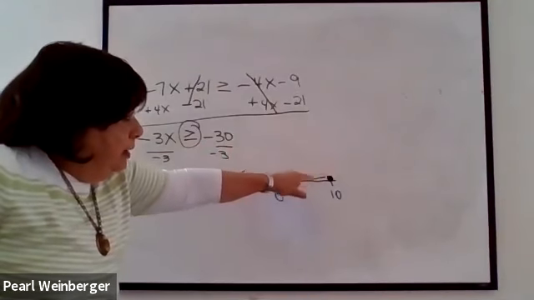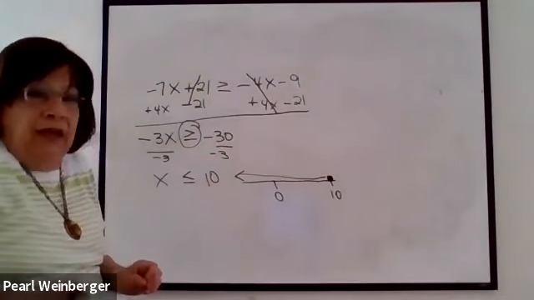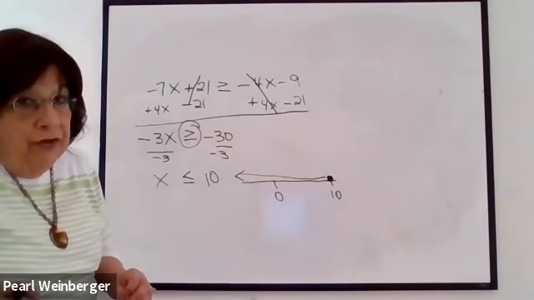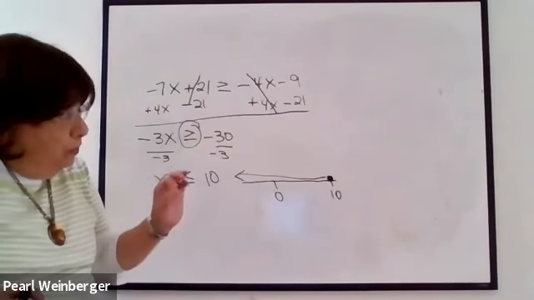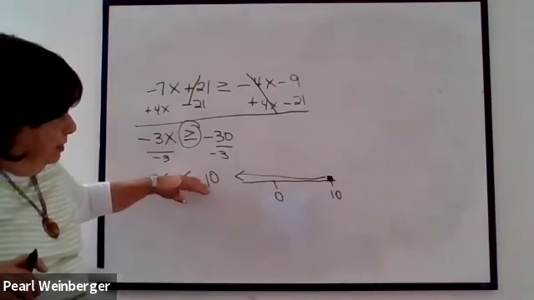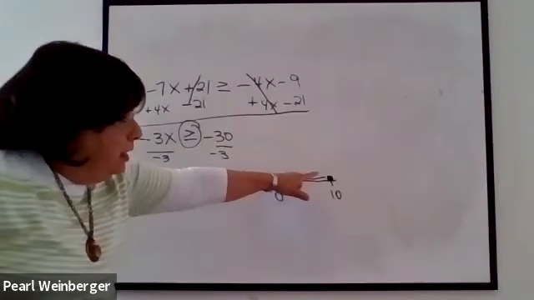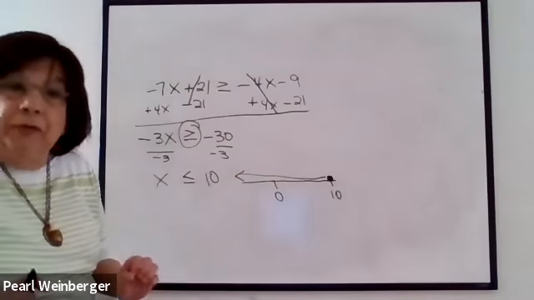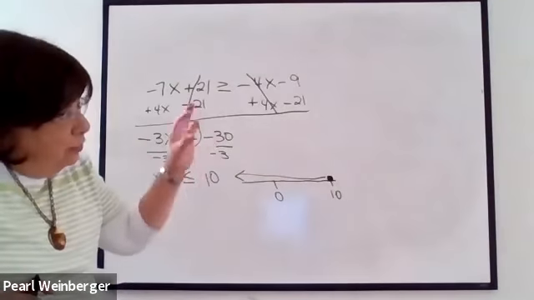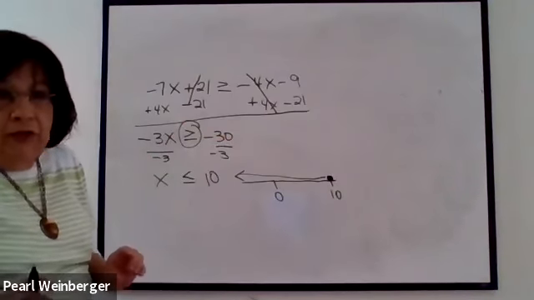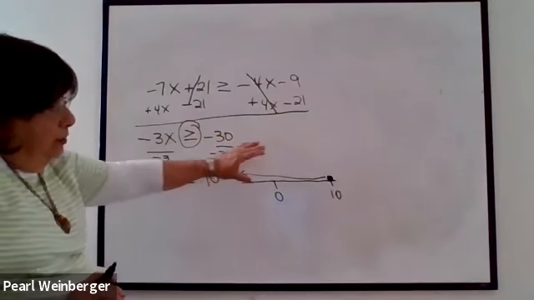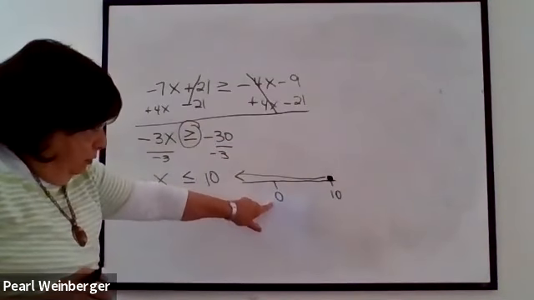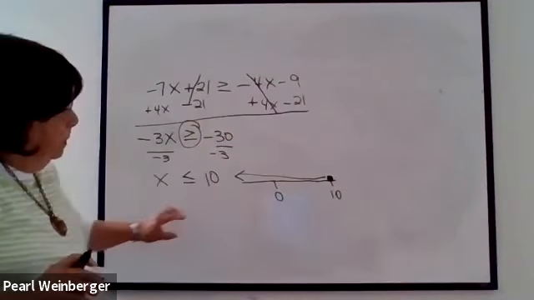It automatically makes a filled-in circle. If you don't want a filled-in circle, if you want an open circle, because this is just saying, let's say, a less than, then you have to click on this dot, and it goes from a solid dot to an open dot. So that's how you would do it on Delta Math. This is the way it graphs on the number line.